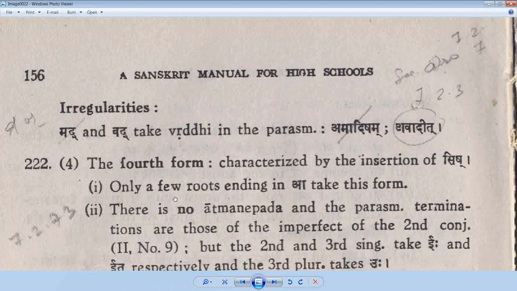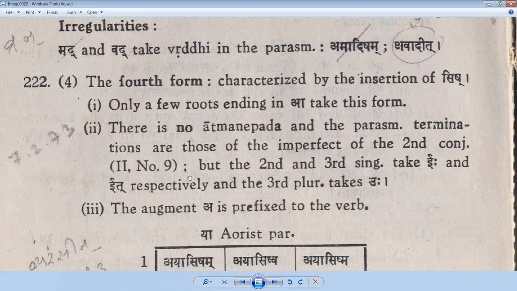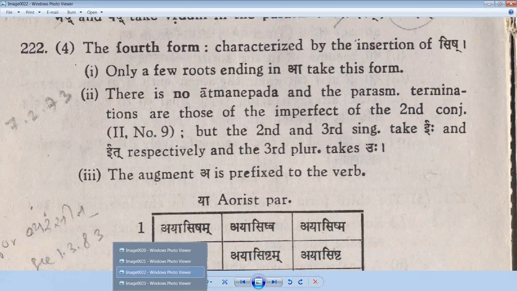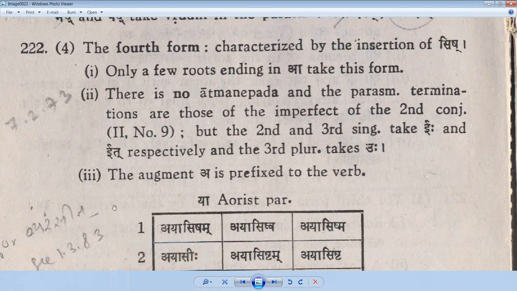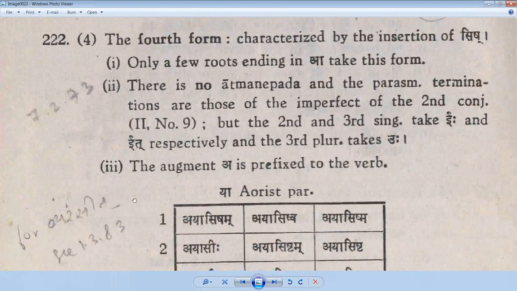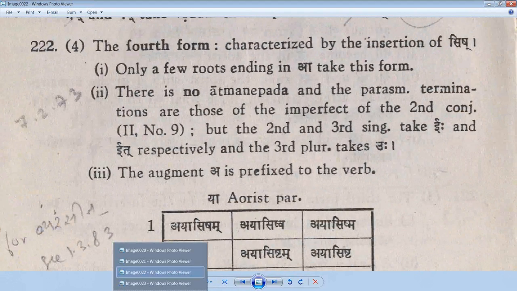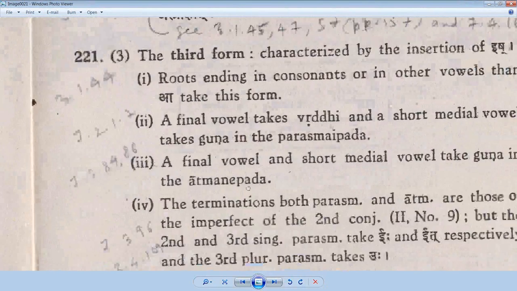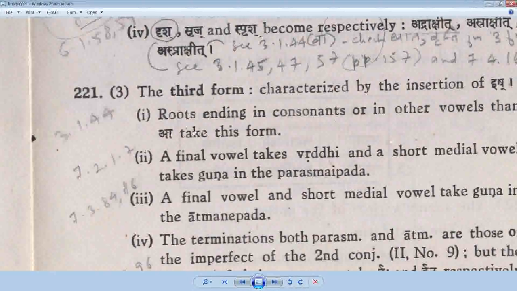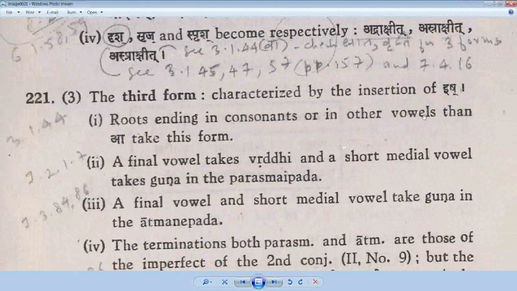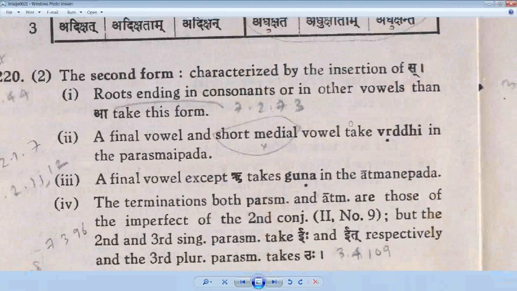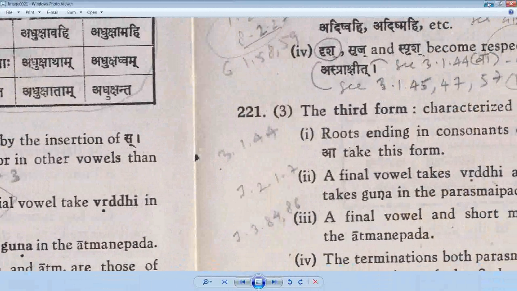Now, okay, now this form here. So now we are moving on to point number 222, the so-called fourth form. Now remember that in the prior points, he specifically excluded the dhatus ending in akara. The reason was that we are going to see a special rule, because in point number 221 it is other than akara, also in point number 220, other than akara. The reason is that now we're going to see a special rule for these.